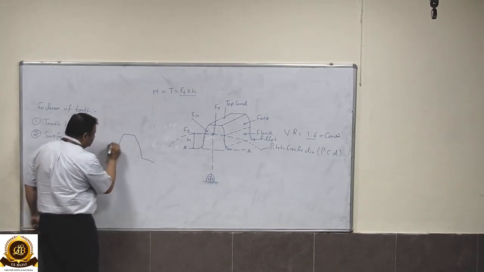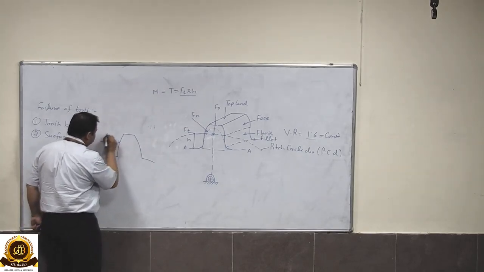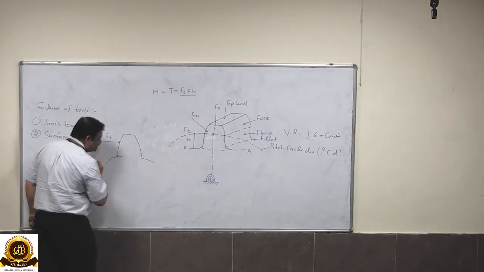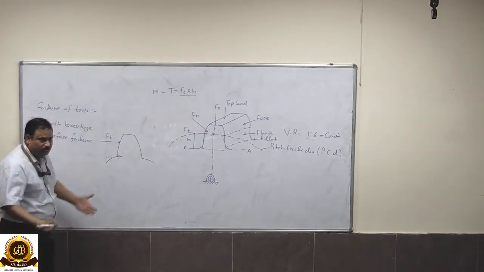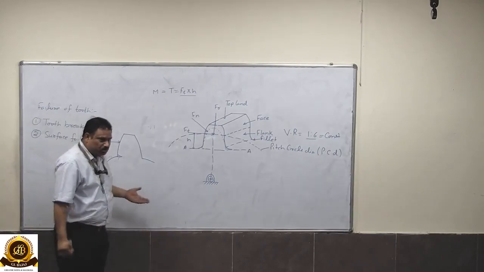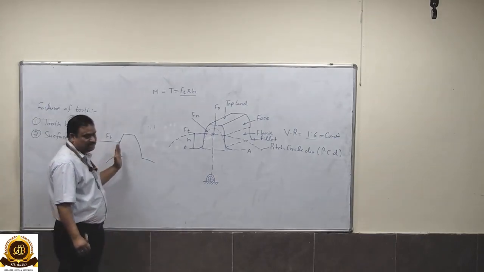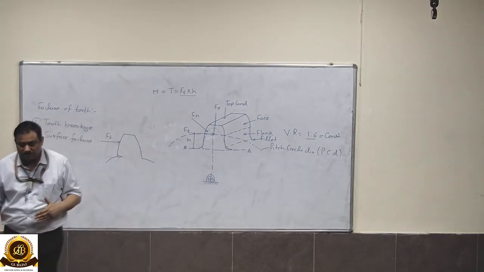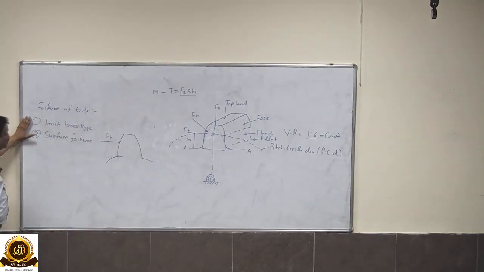Suppose it is subjected to this force, say Ft, in this direction. Now under this force, the initial crack will start and it will propagate over a period of time. So this crack will increase and at a certain time the tooth will fail under the bending moment. So this is called tooth breakage.